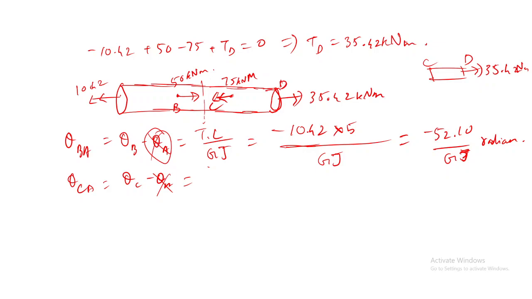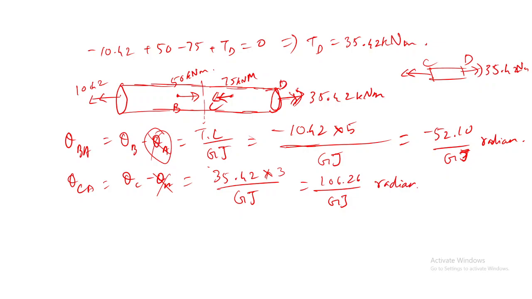So here also I am thinking it is pointing away from the cross section, right? For CD, 35.42 into the length here, which is 3, divided by G into J, which equals 106.26 divided by GJ radian.